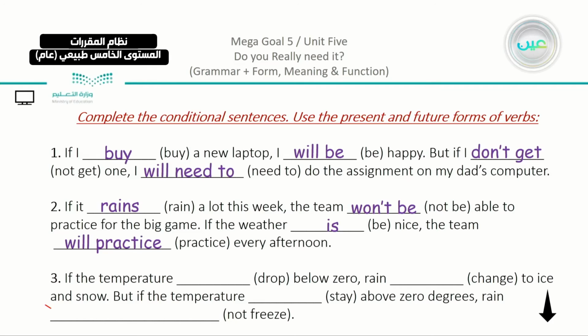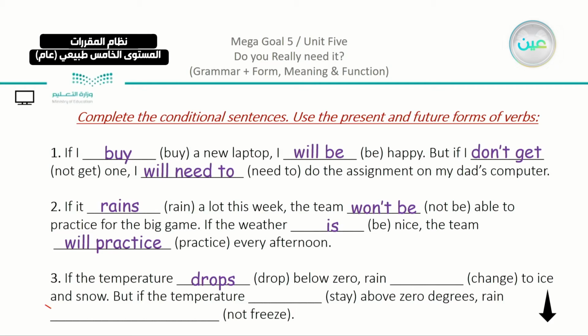Number 3, if the temperature drop below 0, you can see from the meaning of the sentence that we have here a fact or a general truth. So we are going to use the present simple in both parts. If the temperature drops below 0, rain changes to ice and snow.